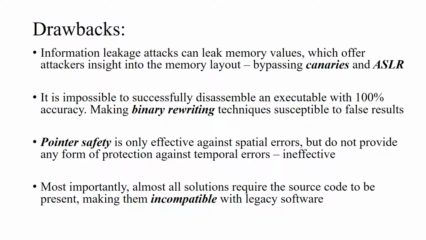Overhead is also a problem for pointer safety, as the size of each pointer triples by including its base address and bound address. Another drawback is that they are only effective against spatial errors, but do not provide any form of protection against temporal errors.